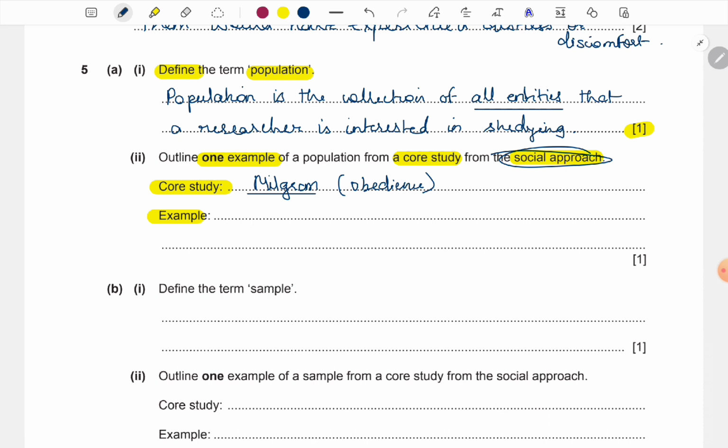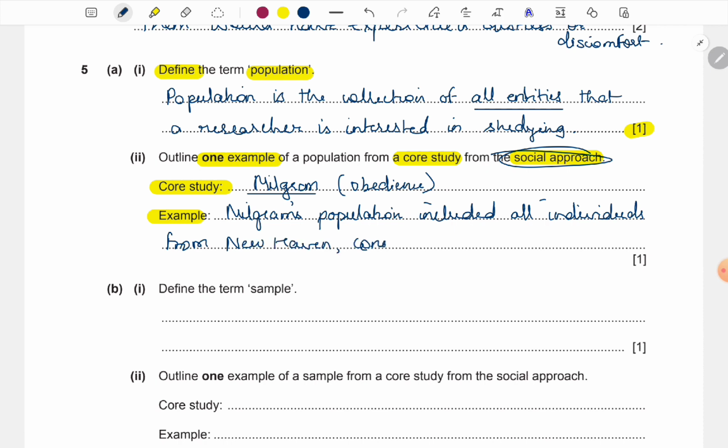So the example is: Milgram's population included all individuals from New Haven, Connecticut.